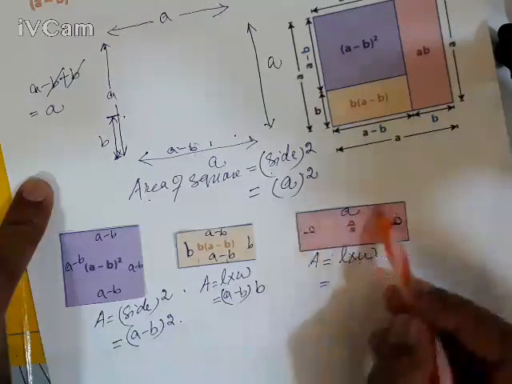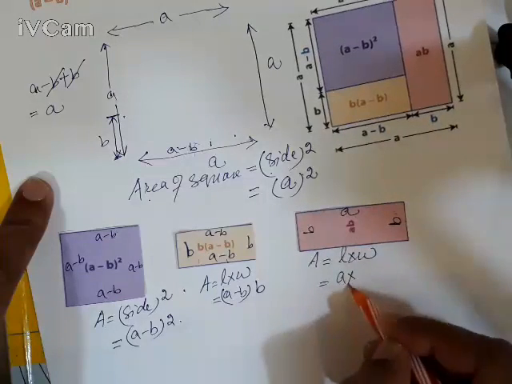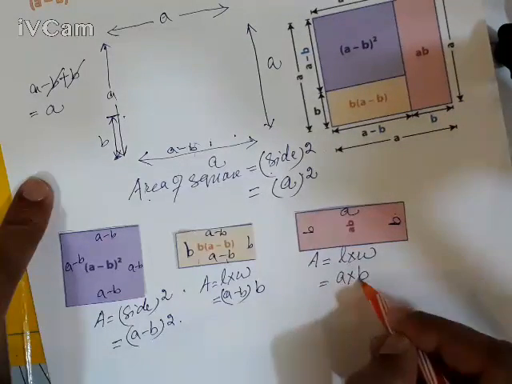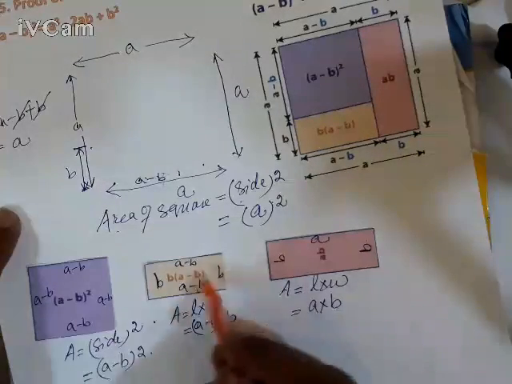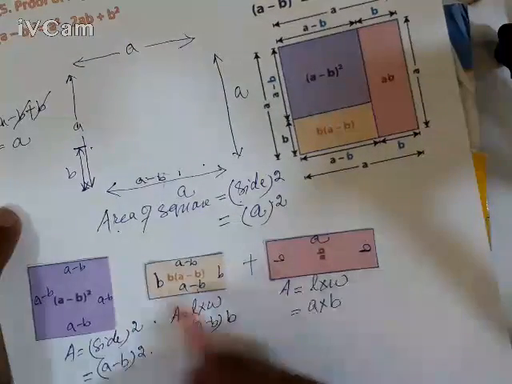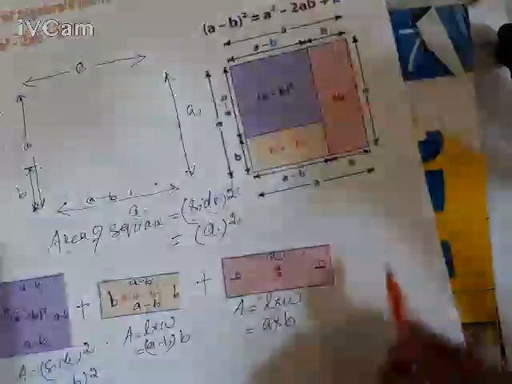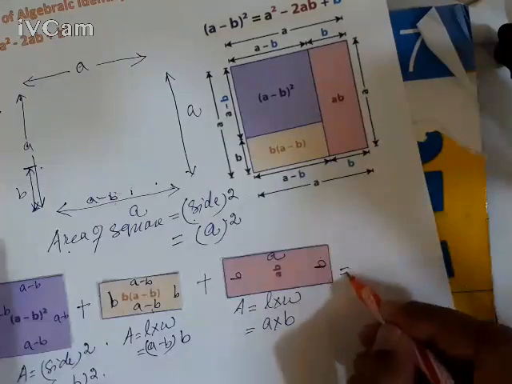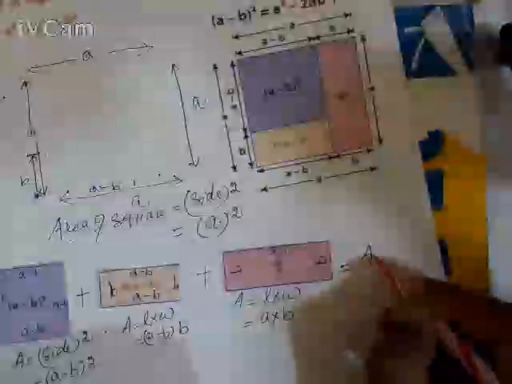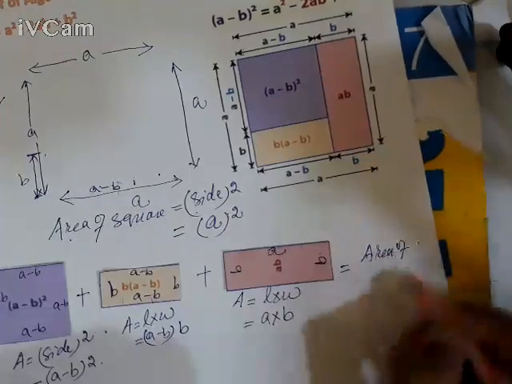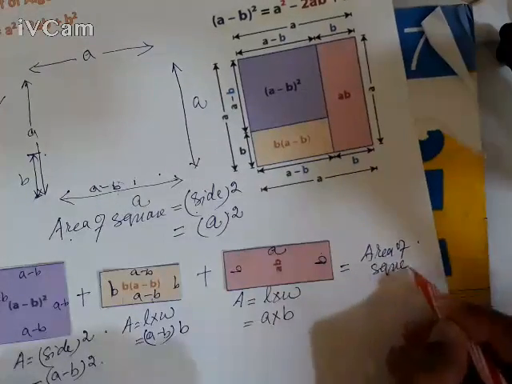So its length will be a and breadth will be b, and if we add all these areas, which is further equal to the area of the whole figure, area of square, and the whole figure is a square region.